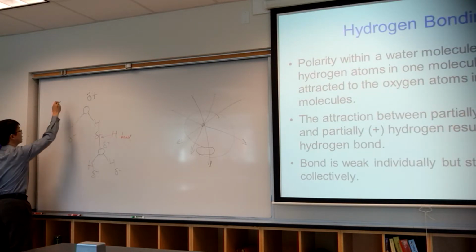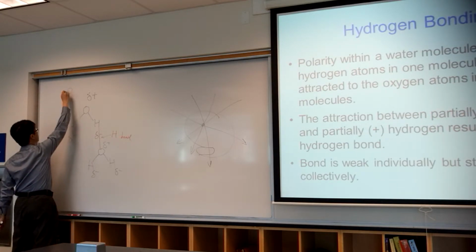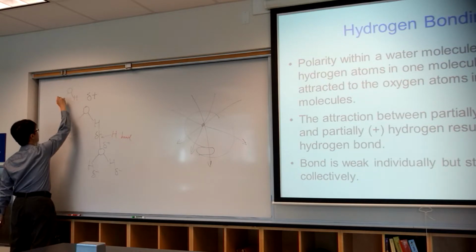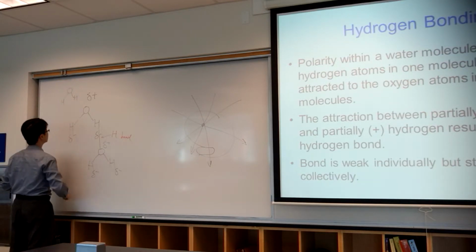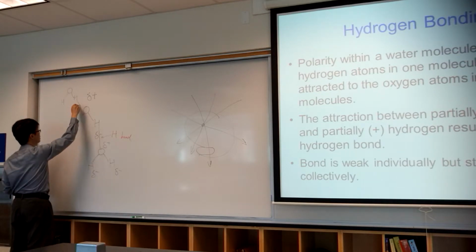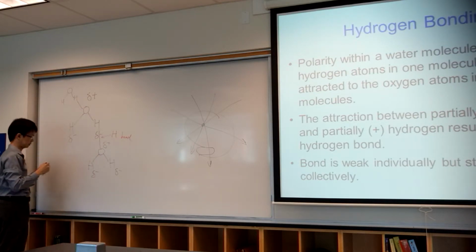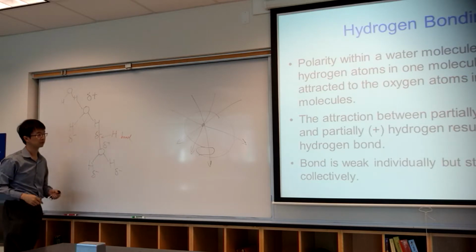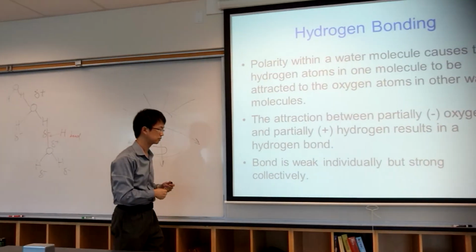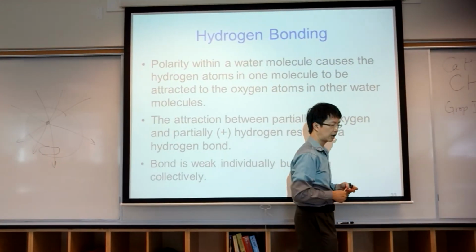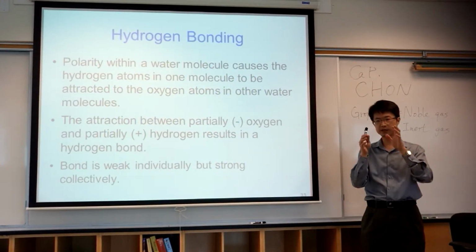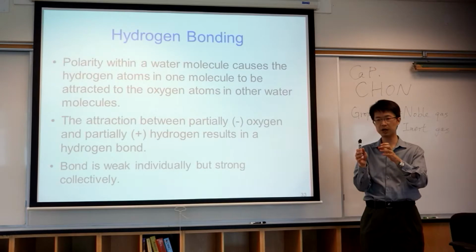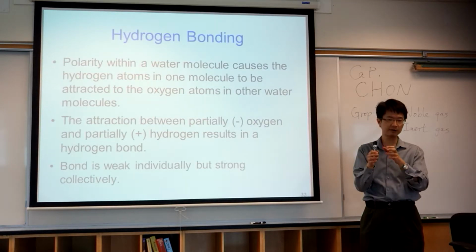Similarly, you can have one in here. And you can also form a hydrogen bond in here. Hydrogen bond, as you can see, is formed between the slightly positively charged hydrogen atom and the slightly negatively charged oxygen atom.